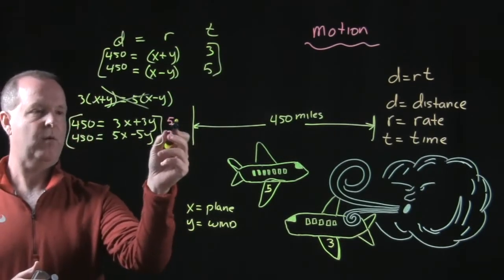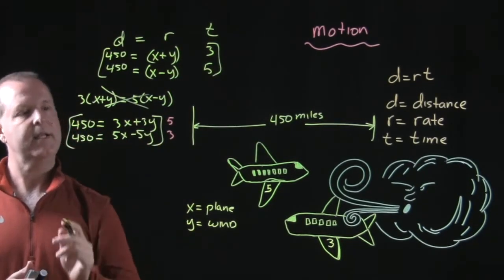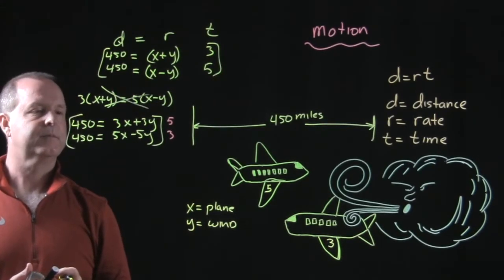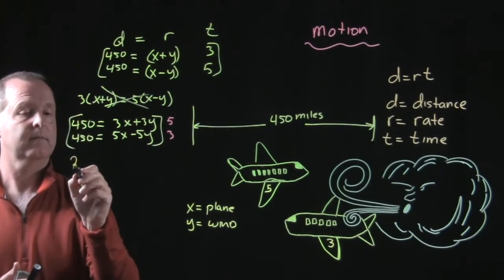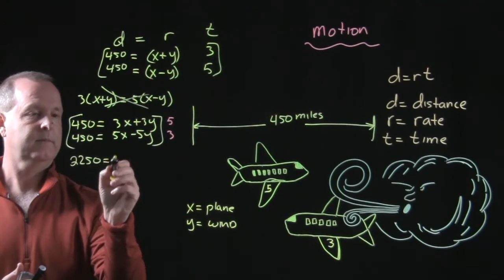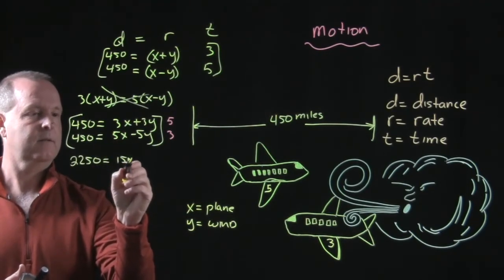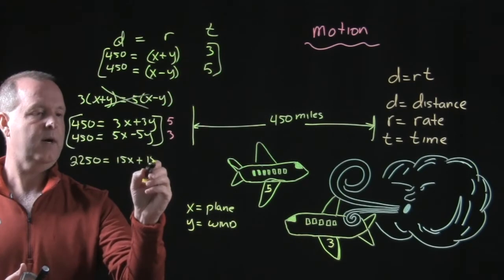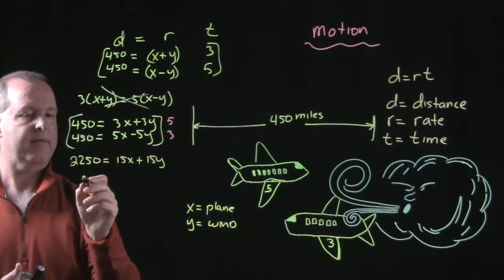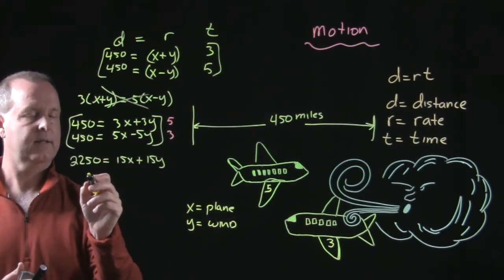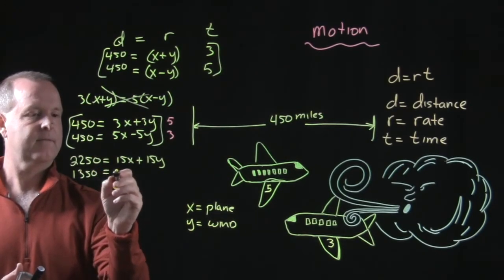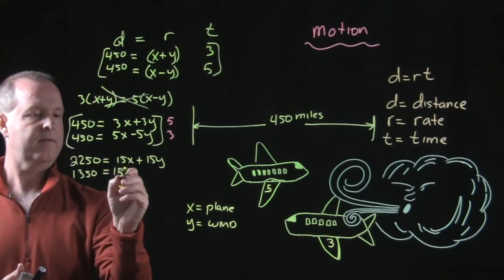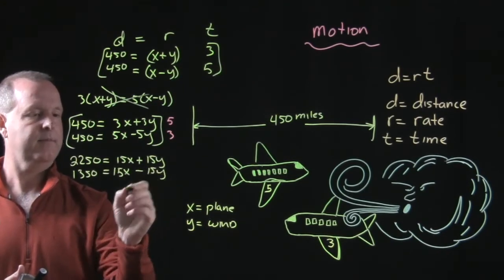So in doing that, 5 times 450, 450, 900, 1800, 2250 equals 15x plus 15y. Scale the bottom one by 3, 900, 1350 equals 15x minus 15y.